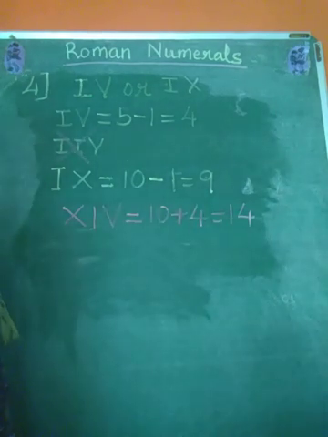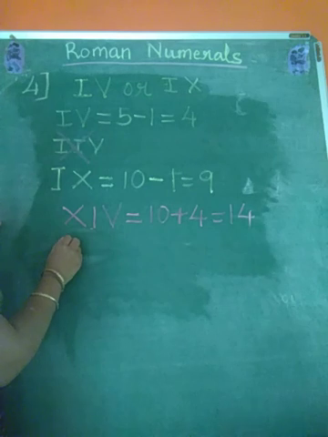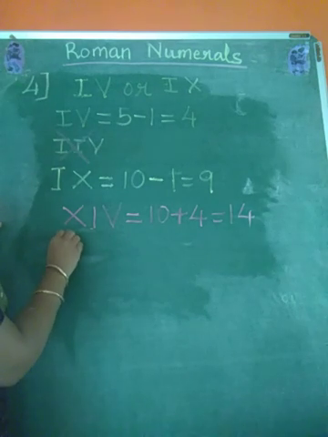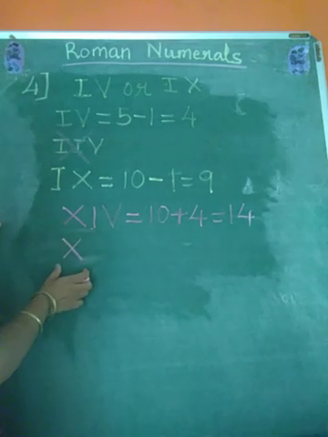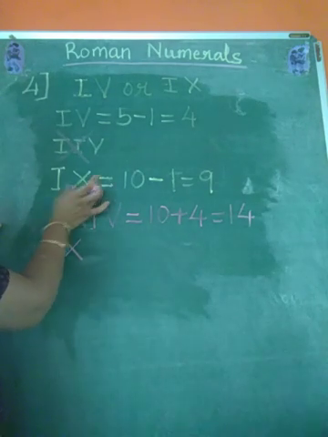Now you have learned many numbers. Now can you tell me how to write 19 then? 19 also will be written like this: XIX. X stands for 10, and the symbol for 9 is IX.